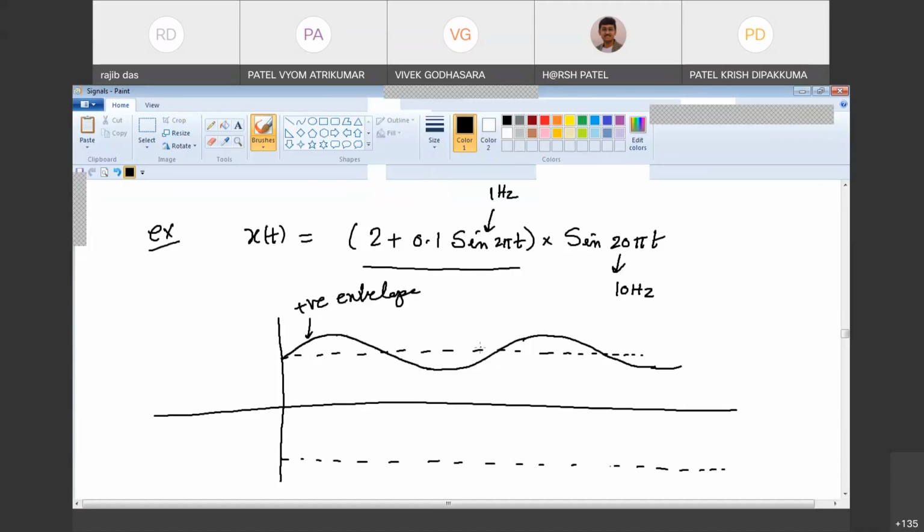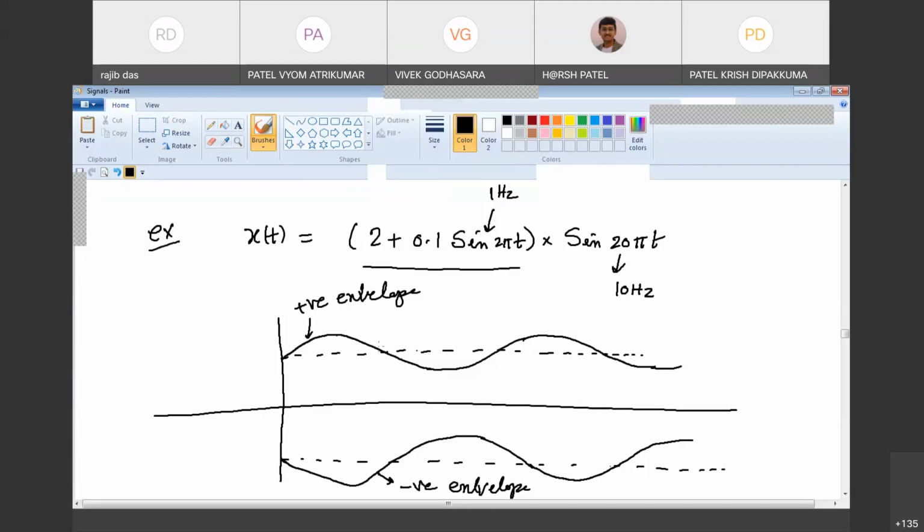So don't draw it with -2 plus this one; its mirror image we need to consider. This is your negative envelope.